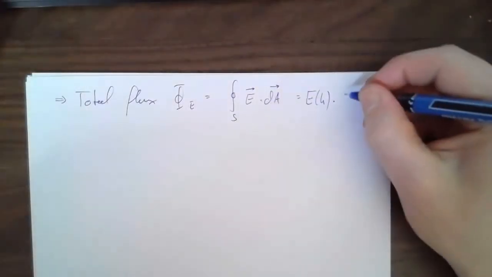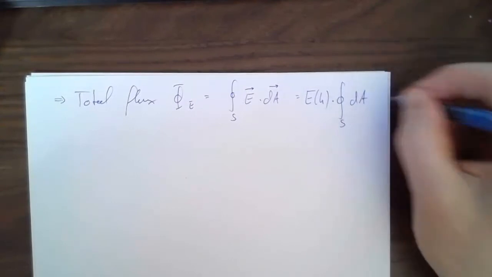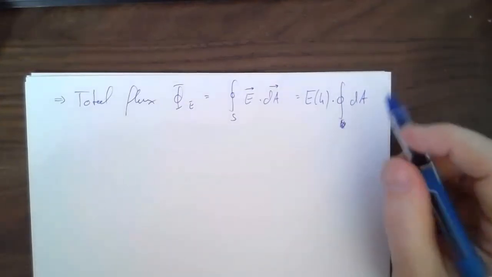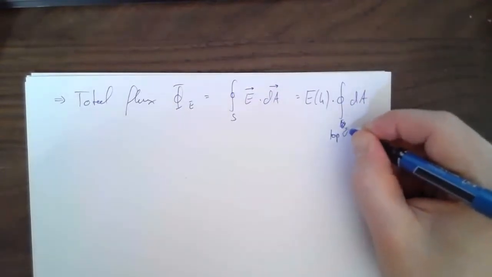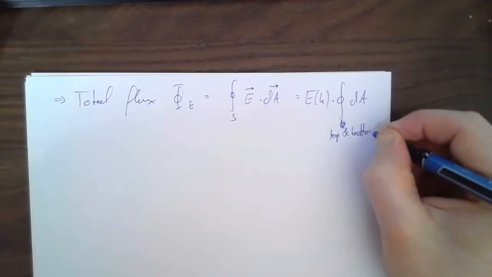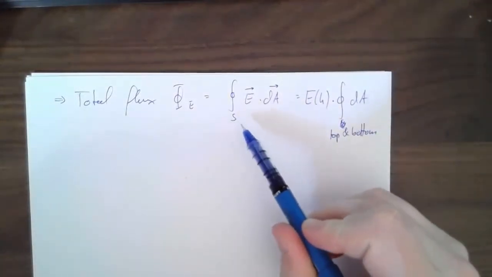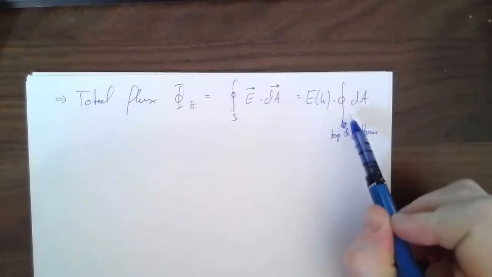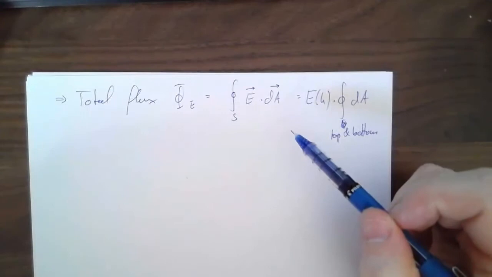I guess I should put it like this. Where now, I guess it's no longer S, it's top and bottom, right? Because the flux through the sides that I would have to add to this to get the total flux is 0. Right?